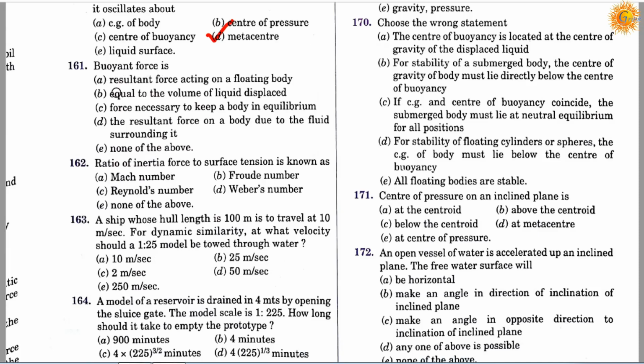Buoyant force is: option A, resultant force acting on a floating body; option B, equal to the volume of liquid displaced; option C, force necessary to keep a body in equilibrium; option D, the resultant force on a body due to the fluid surrounding it; option E, none of the above. So the correct answer is D, the resultant force on the body due to the fluid surrounding it.